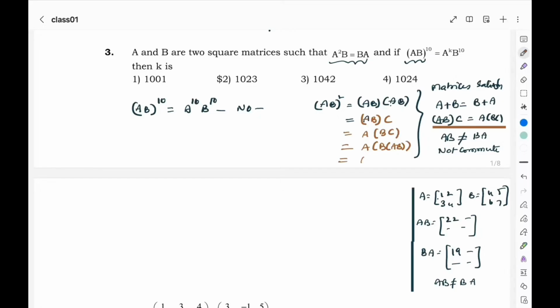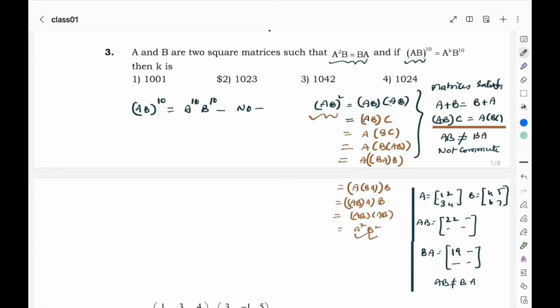Again, applying the associative property, I can write it as A of BA into B, which is AB of A into B, or I can write AB of AB, A square B square. So this condition will be satisfied once they give a condition that they commute with each other.